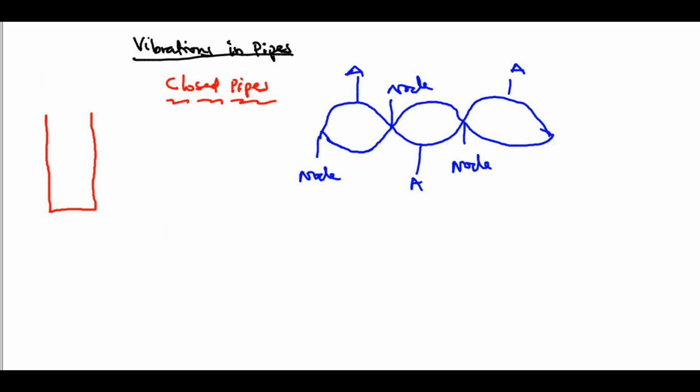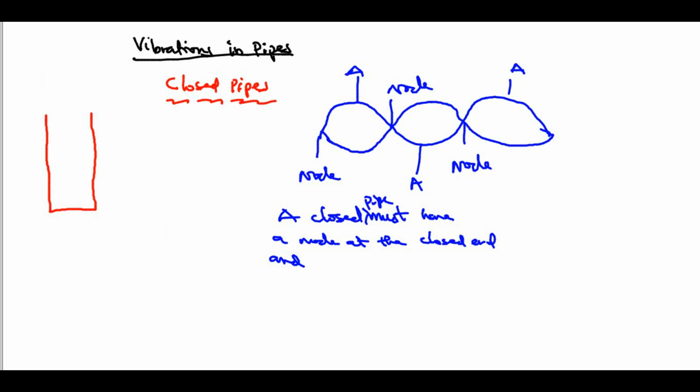A closed pipe must have a node at the closed end, and an antinode at the open end.